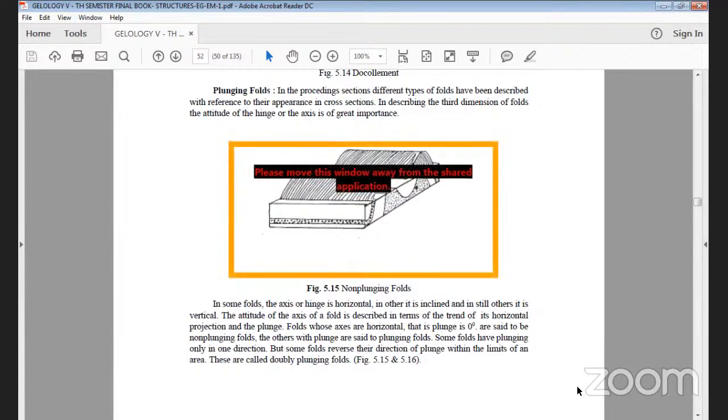Some folds plunge in only one direction, but sometimes folds reverse their direction of plunge within the limit of an area.